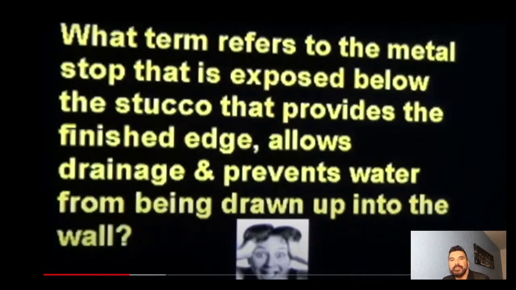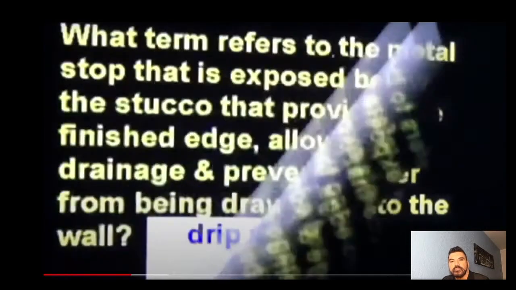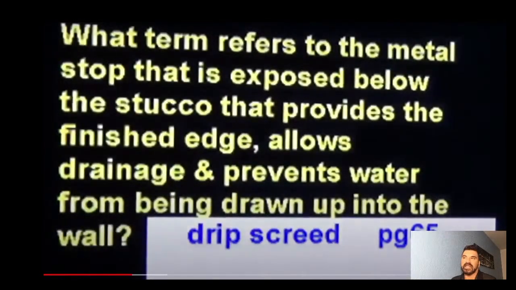What term refers to the metal stop that is exposed below the stucco that provides the finished edge, allows drainage, and prevents water from being drawn up into the wall? What do we call this? Drip screed is on page 65. That's drip screed on page 65 in your materials.